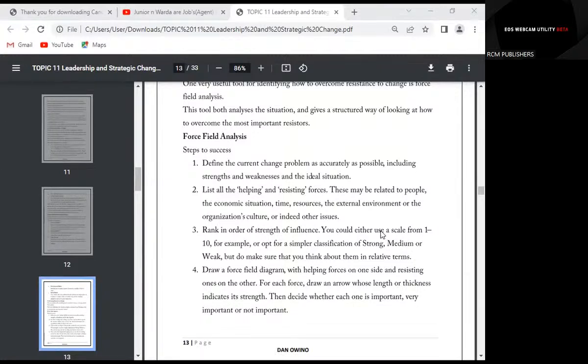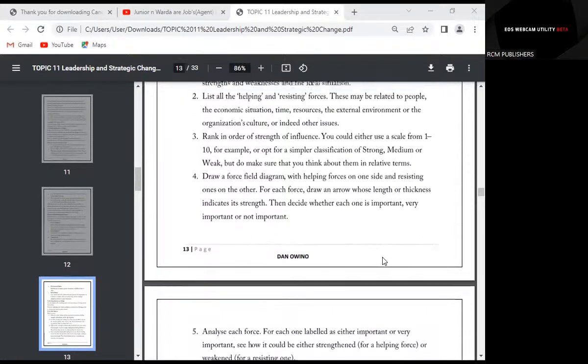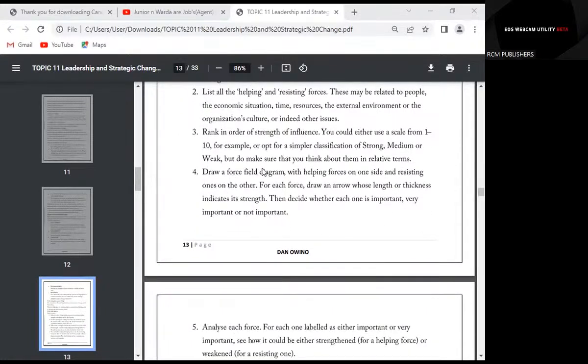You could either use a scale from 1 to 10, for example, or opt for a simpler classification of strong, medium, or weak, but make sure that you think about them in relative terms. Then 4, draw a force field diagram with helping forces on one side and resisting ones on the other side.